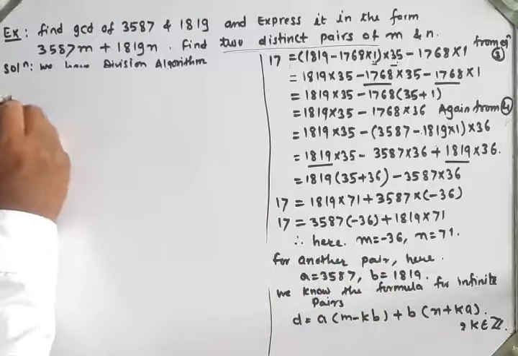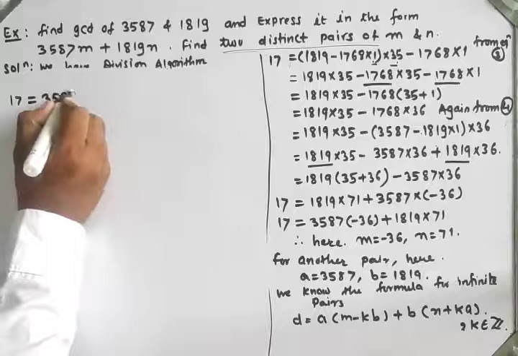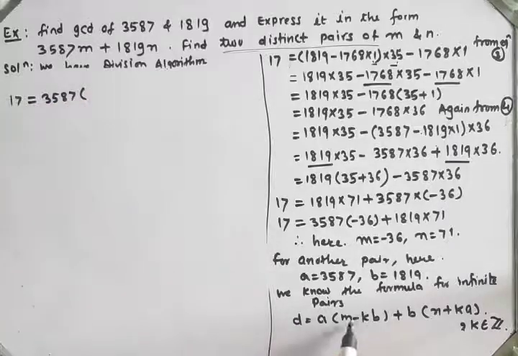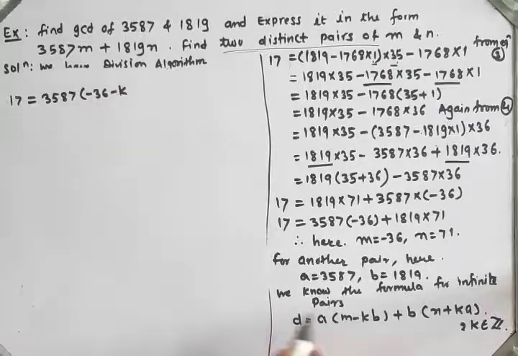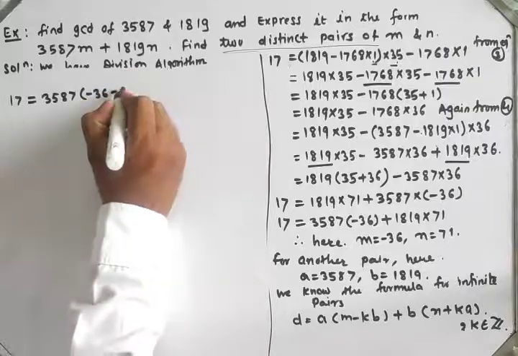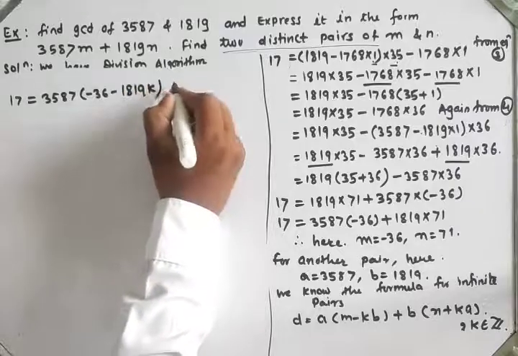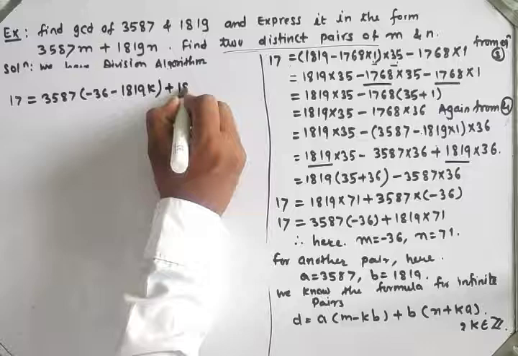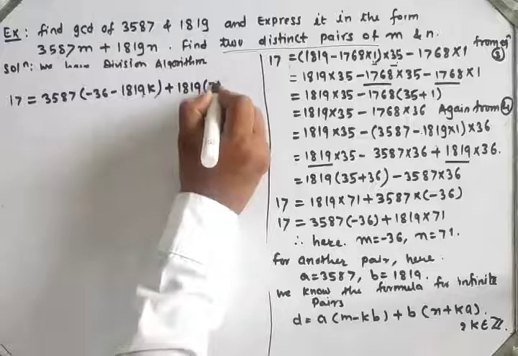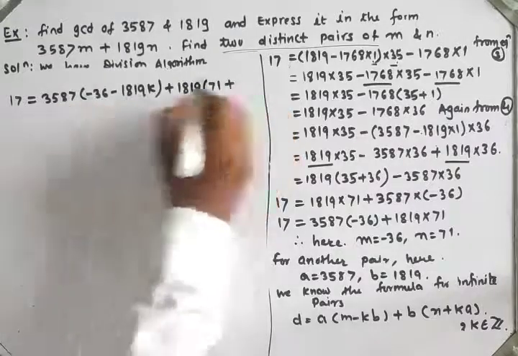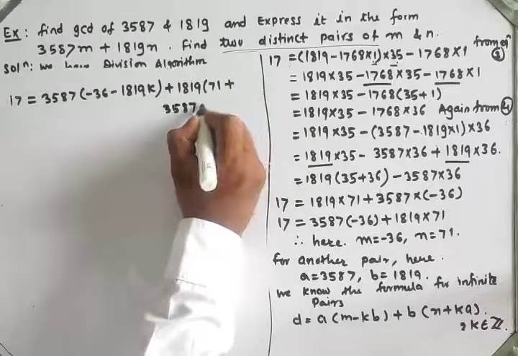We get 17 is equal to the value of a, 3587, into m, where m is minus 36, minus k into b, which is 1819 into k, plus b, 1819, into n, where n is 71, plus a, 3587, into k.